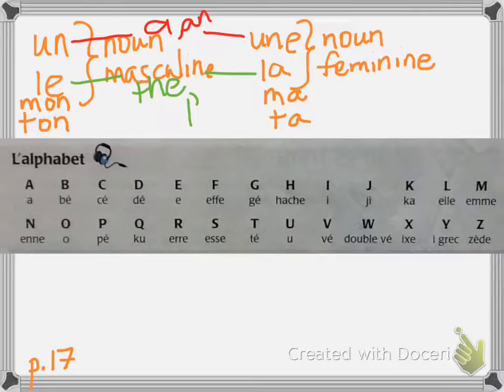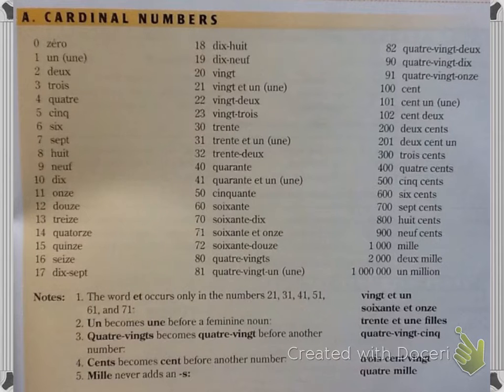There were numbers, so let's take a look and review the numbers. Again, remember, 1 through 19 are kind of unique. And then for the 20s, the 30s, the 40s, the 50s, and the 60s, the pattern is the special tens number plus 1 through 9.